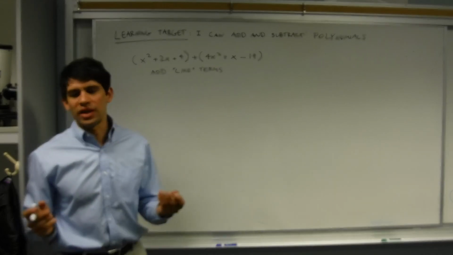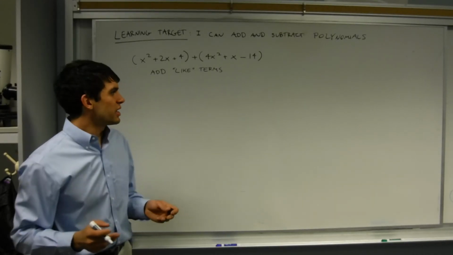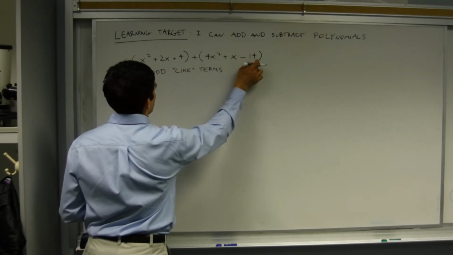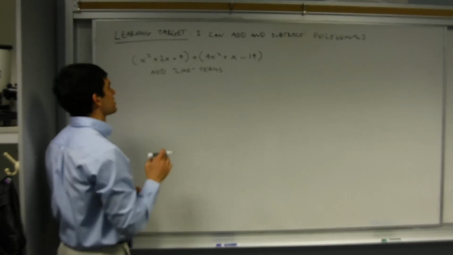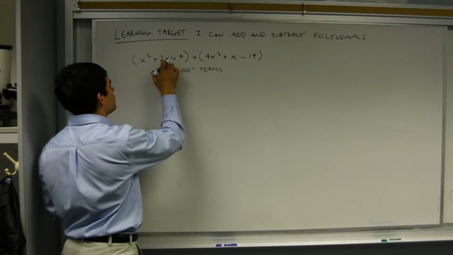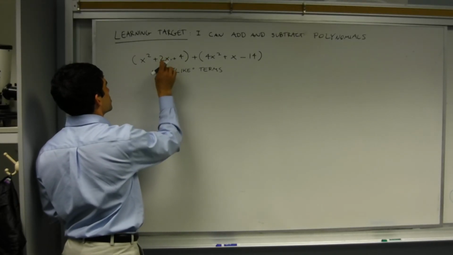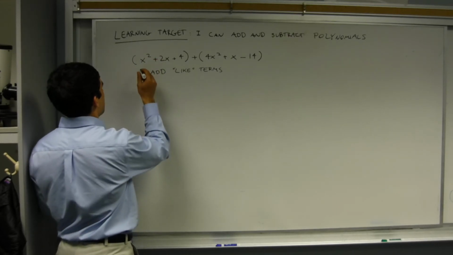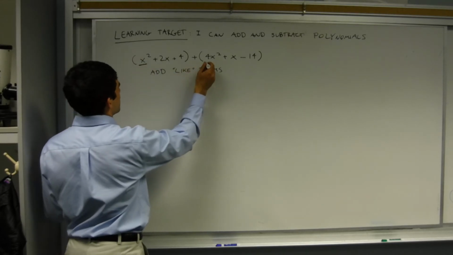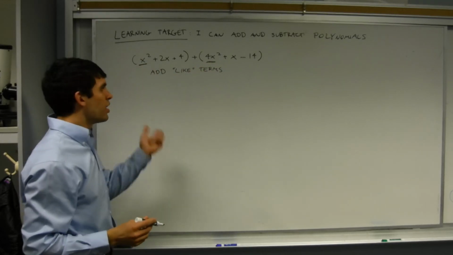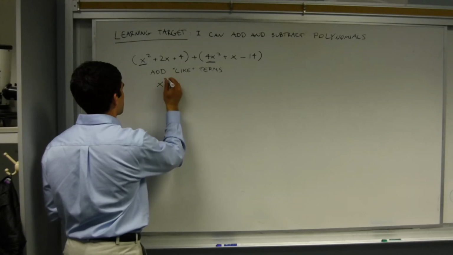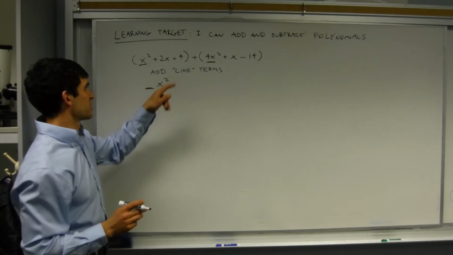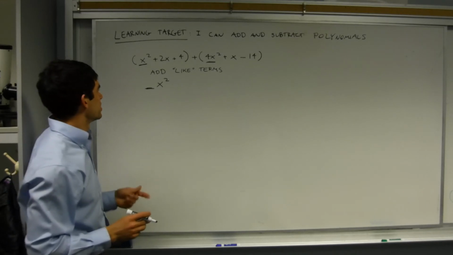So what is a like term, you might ask? A like term is any term in the polynomial that has the same variable. In this case, it would be two terms with x with the same degree. So for example, this term and this term are like terms because they both have something in front of an x squared.